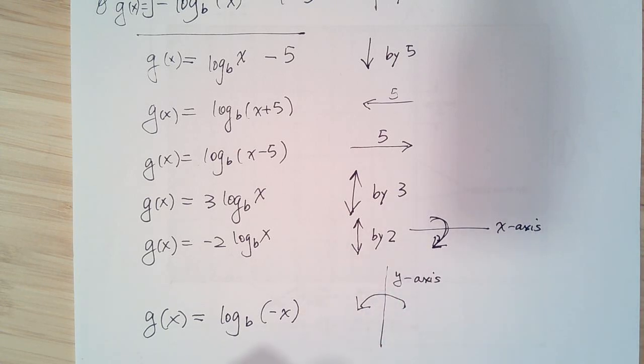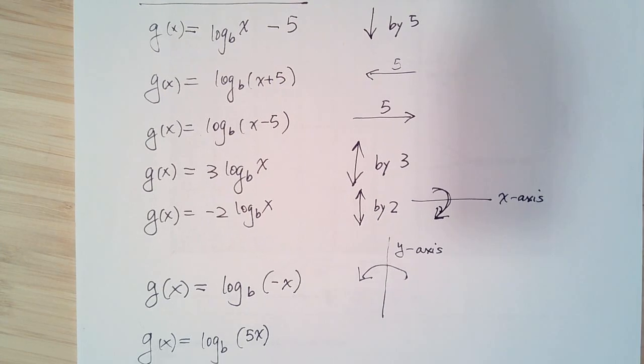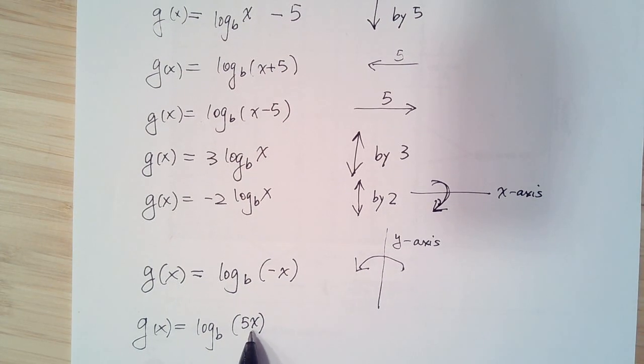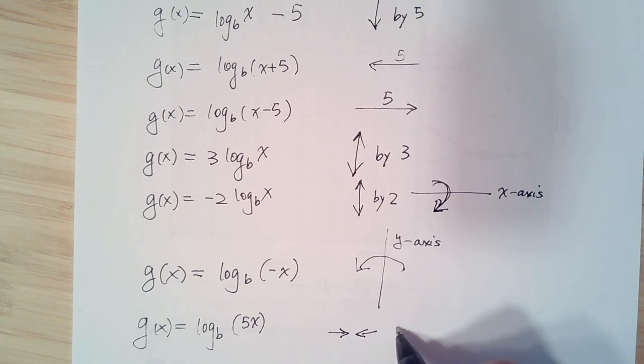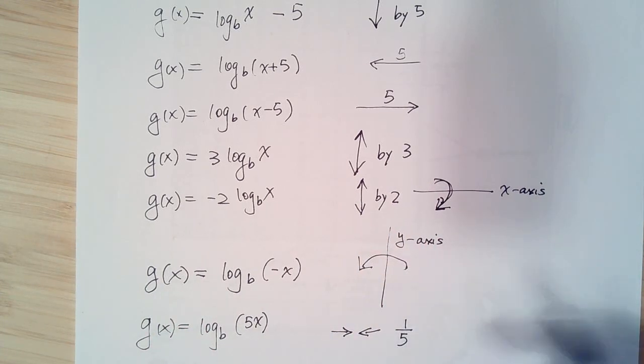And the last one, g of x equals log base b of 5x. Because this 5 is the coefficient of this x, we're going to compress, which means we're going to squeeze this to 1/5 of the original, to 1/5 of the parent function.